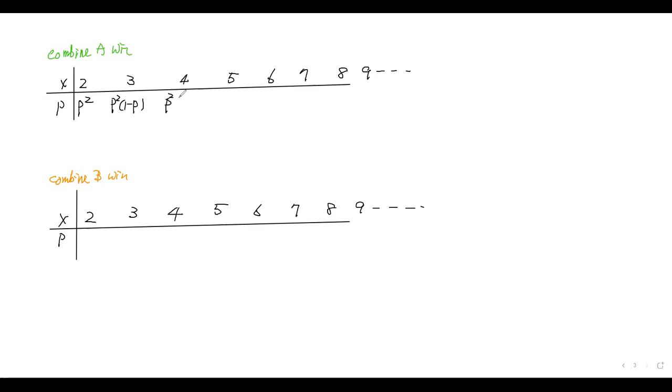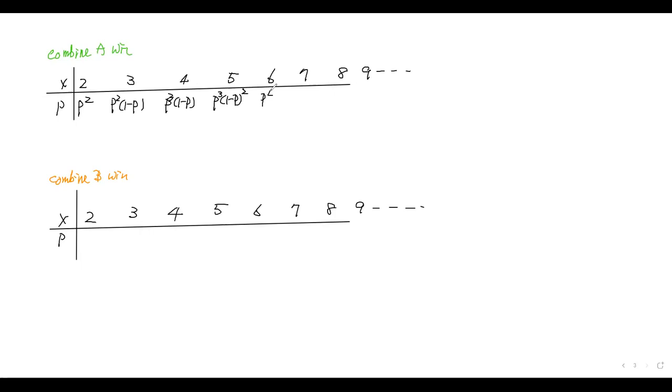Then this is p cube, and this is p cube 1 minus p, and this will be p cube 1 minus p to the square.